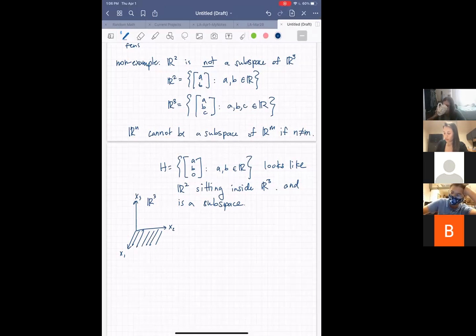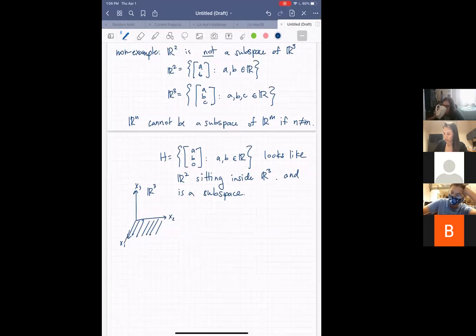So it's this plane right here, right? So it's basically flat. Yeah, exactly.